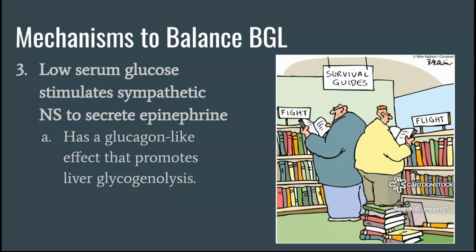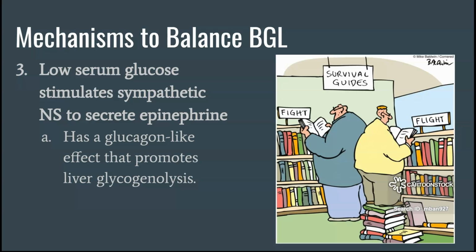So when you have low sugar, the body stimulates the sympathetic nervous system to create and secrete epinephrine, right? And this is part of the reason that hypoglycemic patients are sweaty, tachycardic, right? They might be breathing a little fast, because they have the same symptoms as if you had administered epinephrine, that fight or flight response, right?